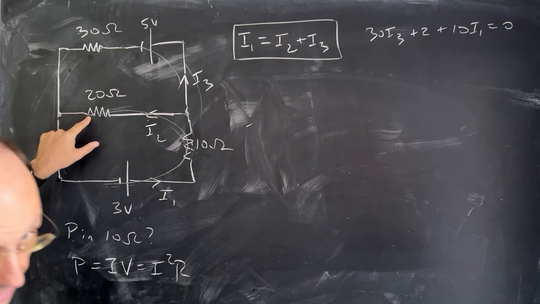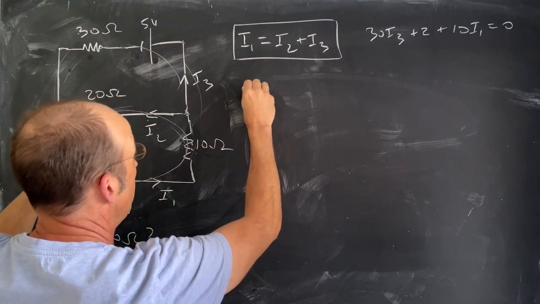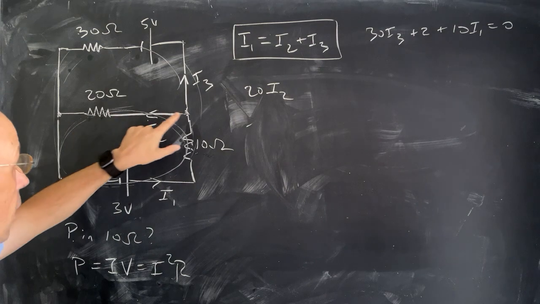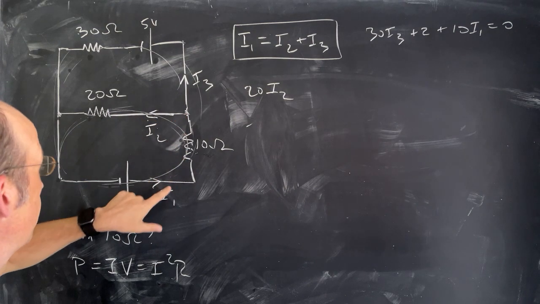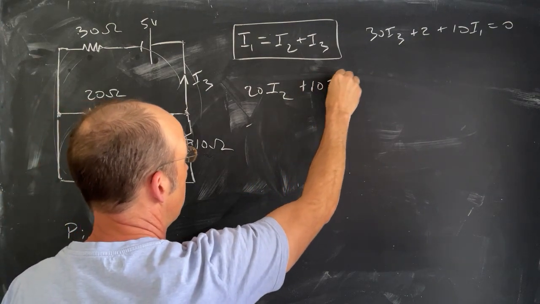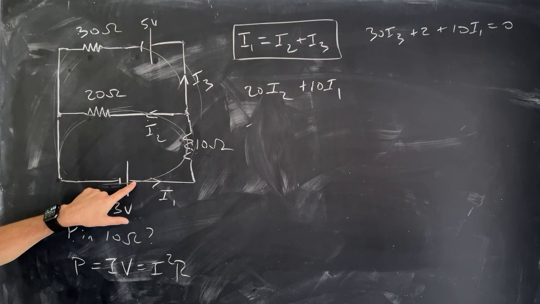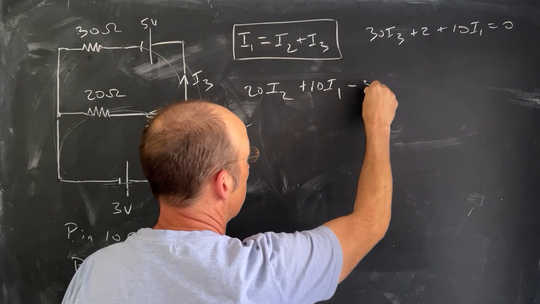I'm going in the opposite direction as the current, so it's going to be plus 20 I2. Now I'm going to come down here. I'm going to go in the opposite direction as I1. It's going to be plus 10 I1. And then finally, I'm going across the battery. So I'm going positive to negative. So this is going to be minus 3.